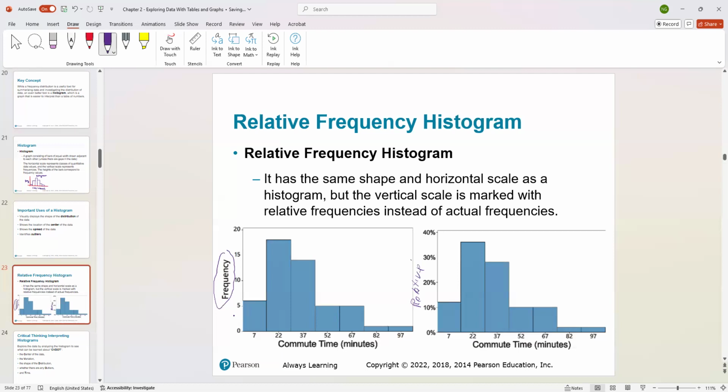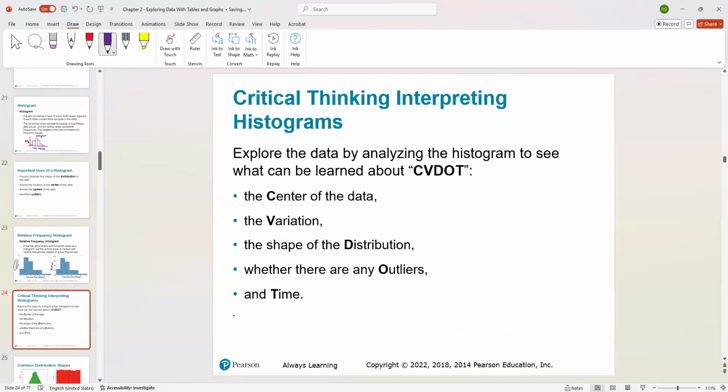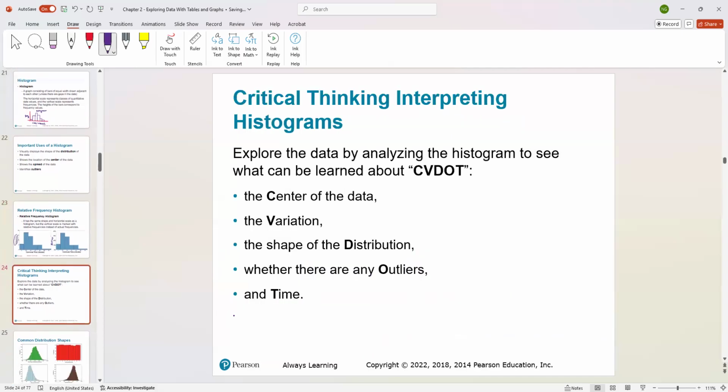As you can see, they provided it in terms of percentages, but the shape, the height of each bar, is exactly the same.